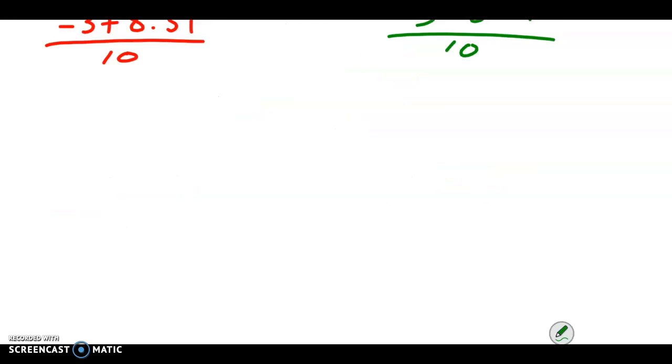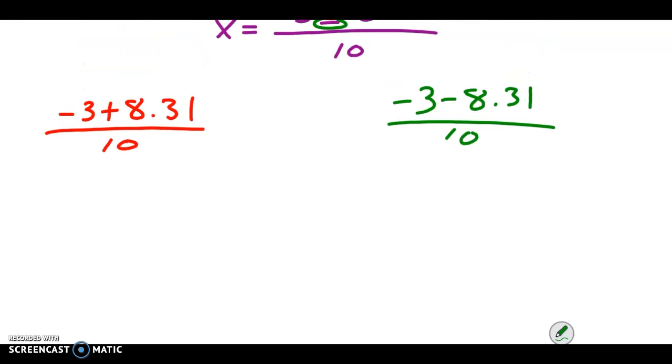Okay, so just to get those final answers here, I've got -3 plus 8.31, and then divided by 10 is going to give me 0.53 when I round to the nearest hundredth, excuse me.